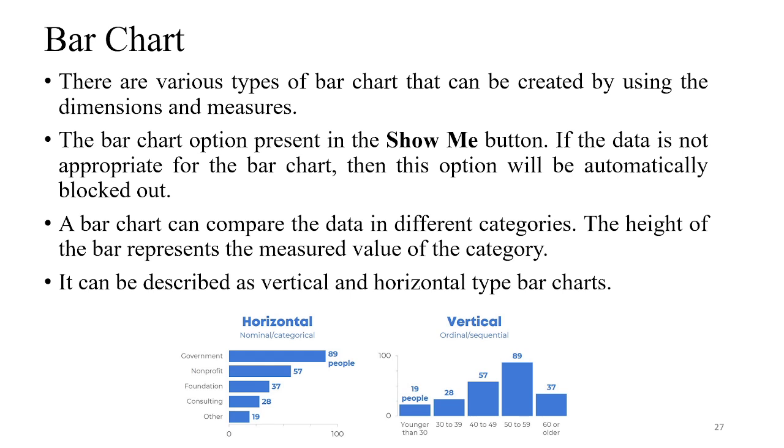Vertical is used when we have ordinal or sequential data. Ordinal means order, like first rank, second rank, a jersey number, or the age or income of particular people.